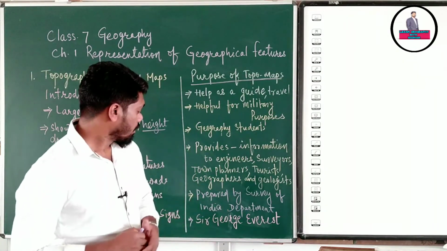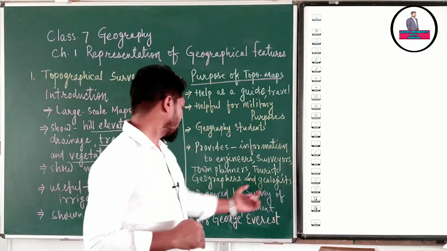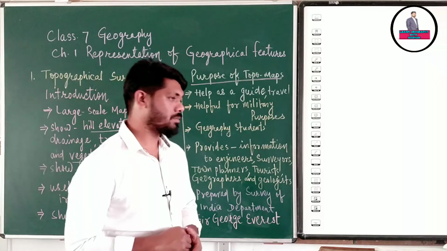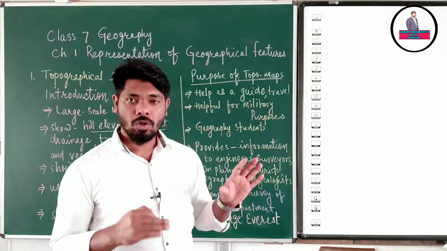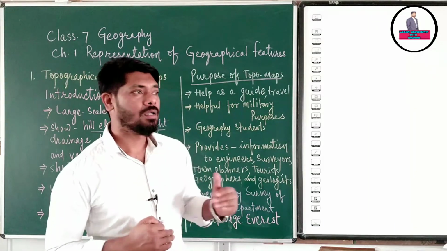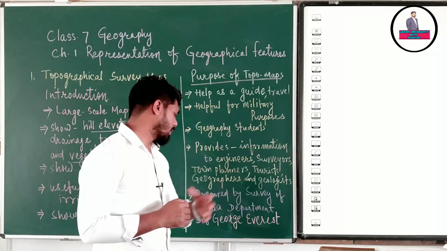Then the topographical map is prepared by the Survey of India Department. The headquarters is in Dehradun in Uttarakhand. So all the topographical maps of India are prepared by the Survey of India Department.